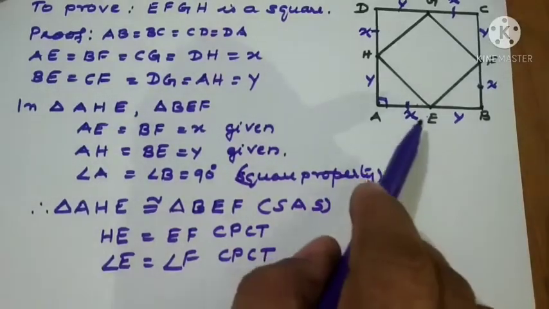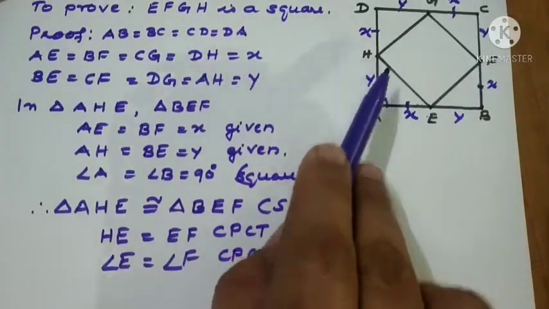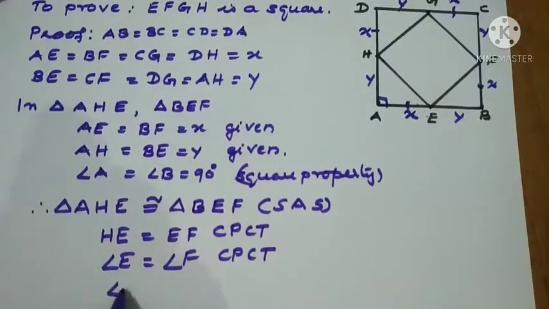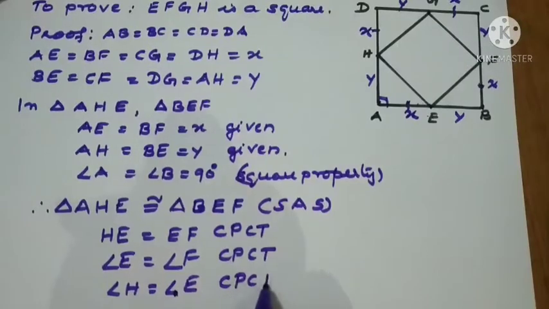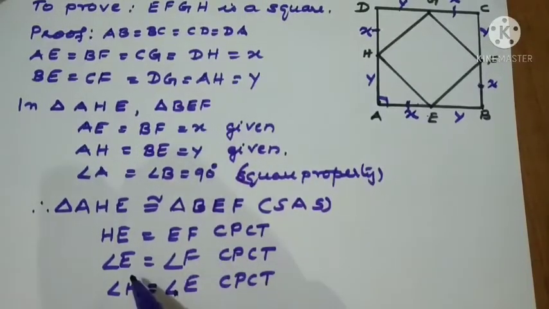What is the one remaining angle? Angle H. So HE is equal to EF as one of the sides. Next angle E equal to angle F, that is CPCT.